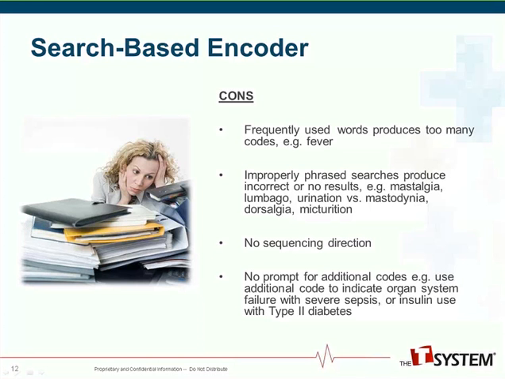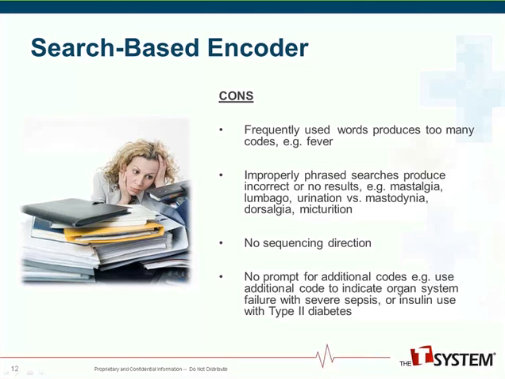Also, there are different ways to express conditions in ICD-10 as opposed to ICD-9. Lumbago is no longer the way that low back pain is expressed in ICD-10. It's actually described as dorsalgia, pain on the dorsal side of the body.